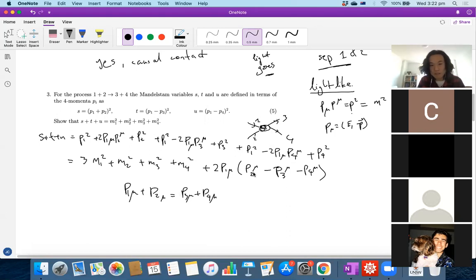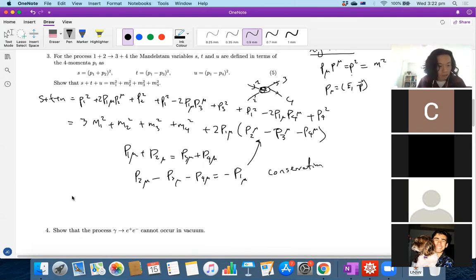If I take these to the other side, I see that P2 mu minus P3 mu minus P4 mu is equal to minus P1 mu, just from conservation. So I'll just plug this back in here instead.